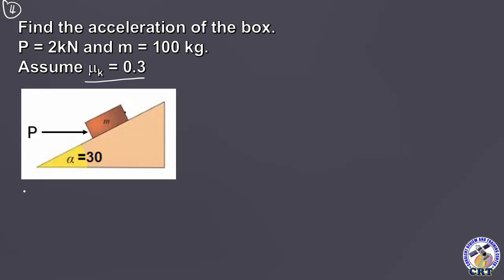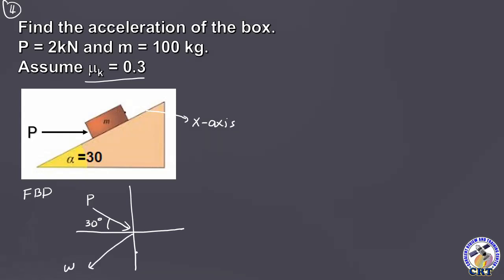So for the free body diagram, okay, so this is P. P is 30 degrees with the incline or with the x-axis. Again, our incline is the x-axis. W is in the third quadrant.